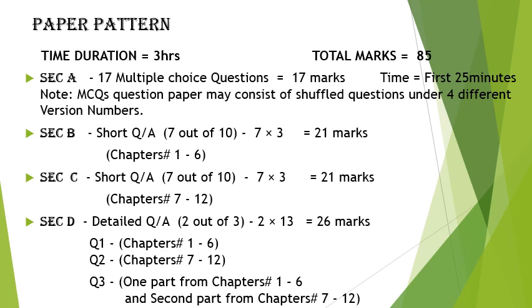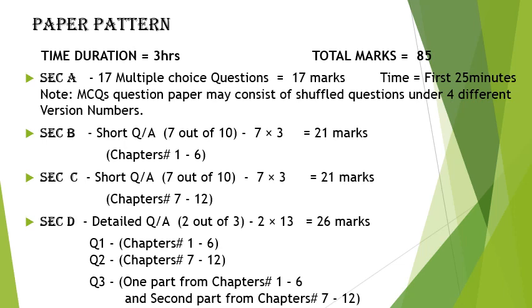Same here is Section C. It is also a short question answer section. This time the chapters included are from 7 up to 12. Again you have to solve 7 questions out of 10. Each question is of 3 marks, 21 marks in total.